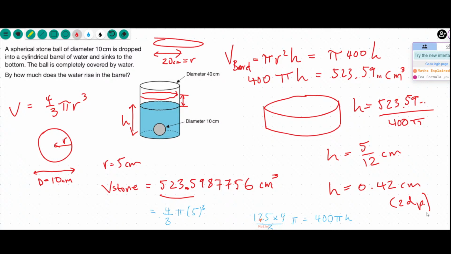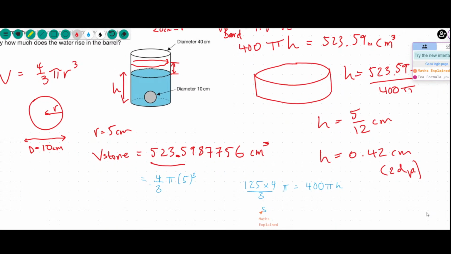This is 500. Yeah, 500 equals 1200 h. So that's how you get it. But yeah, that's interesting.